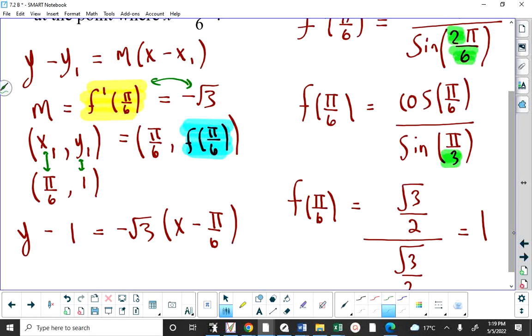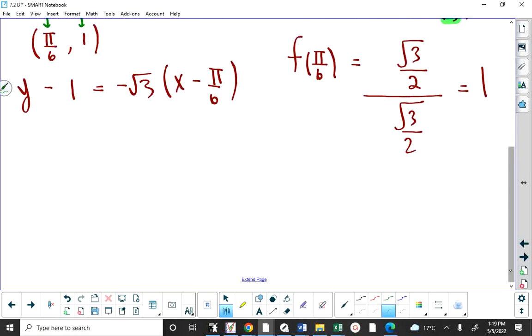And everybody, aside from a little bit of algebra here, we're basically done. Let's multiply that negative root 3 through to get y minus 1 equals negative root 3x plus pi root 3 over 6.